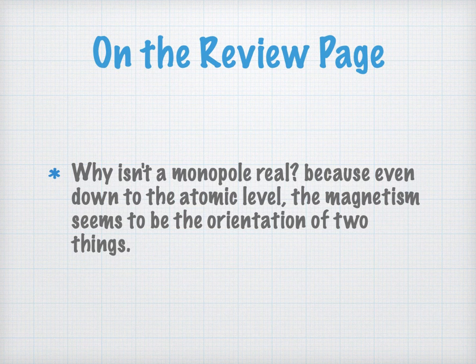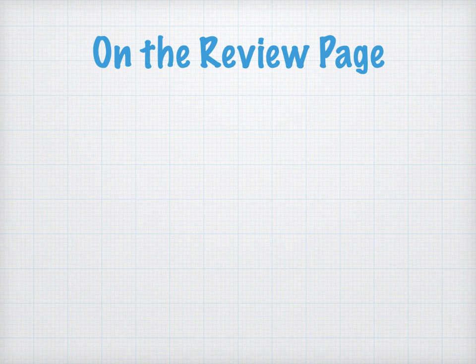It's about an imbalance of things, and so inherently you can't have a single particle of it. And in order to have a monopole, you have to have a single particle of magnetism, and that doesn't seem to exist even down to the atomic level. It's an orientation of two things, not a single thing.